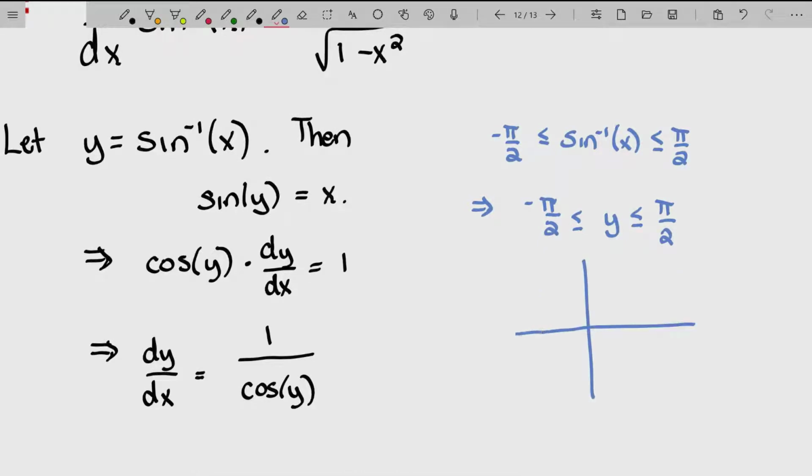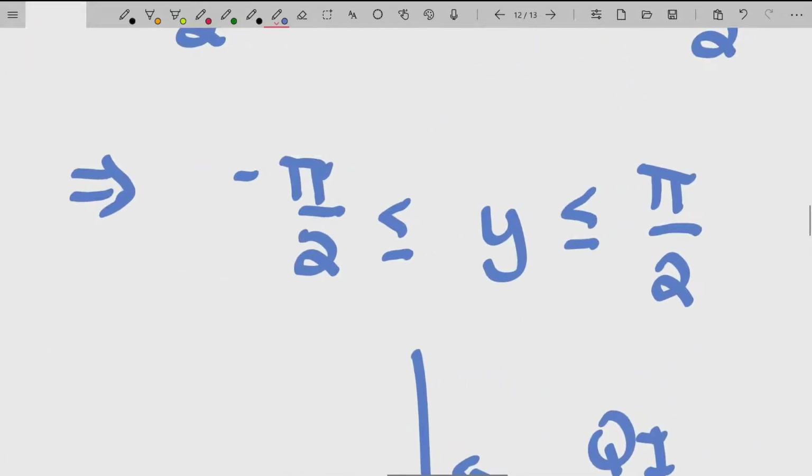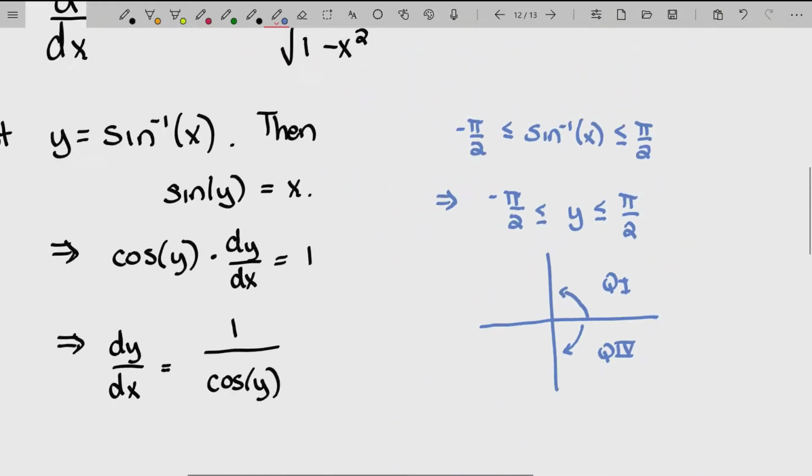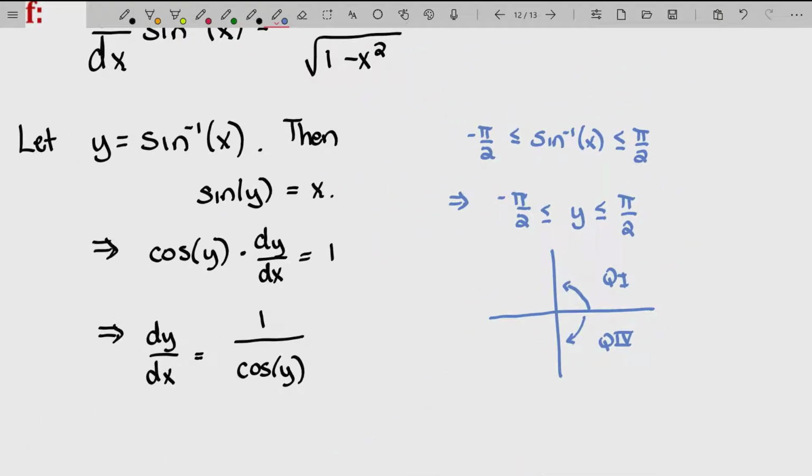Again, if you think about that, that means the angles you're dealing with here, the y's, are going to be in quadrant 1 or quadrant 4. Sorry, I was going to say 2. My brain today is shot. All right. Remember, y is playing the role of an angle here. So now think about this.